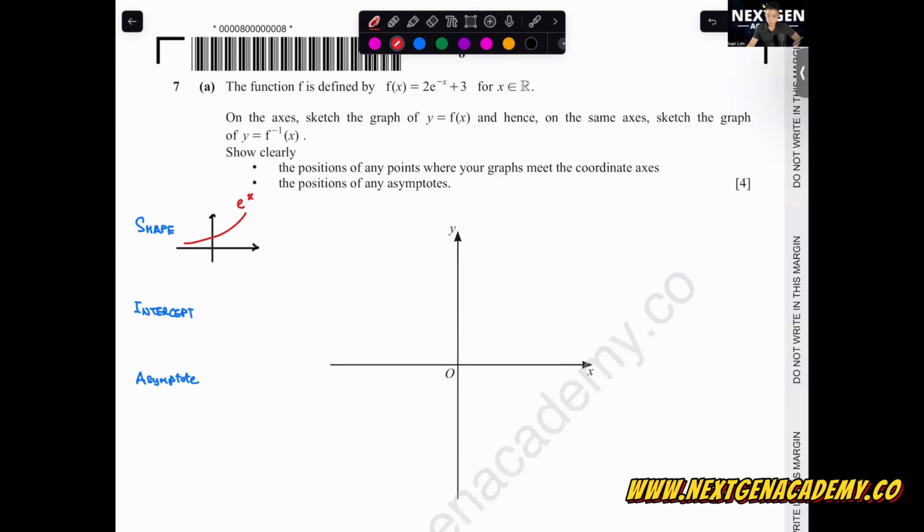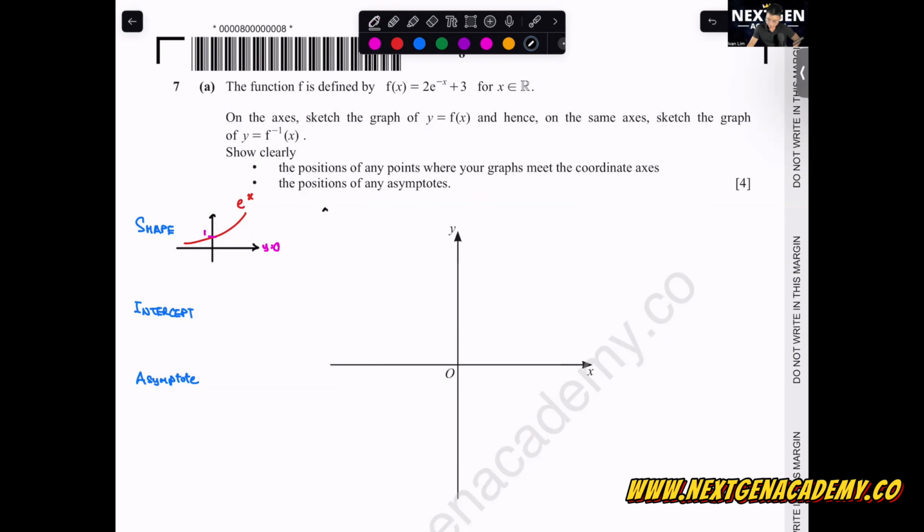Now we will start with the negative x first. How do we find the logic of this? For SIA, for the original one, we need to know that it intersects at 1, and the asymptote is at y equals 0. Negative x: how to interpret this? All my x values will be multiplied by negative.